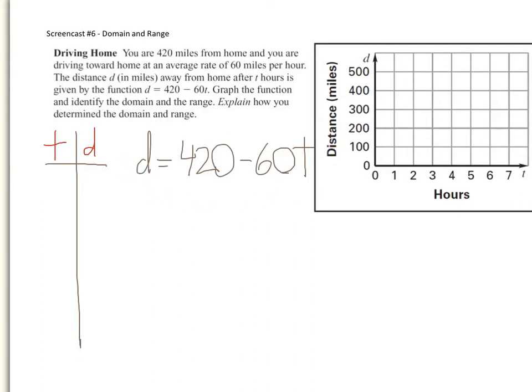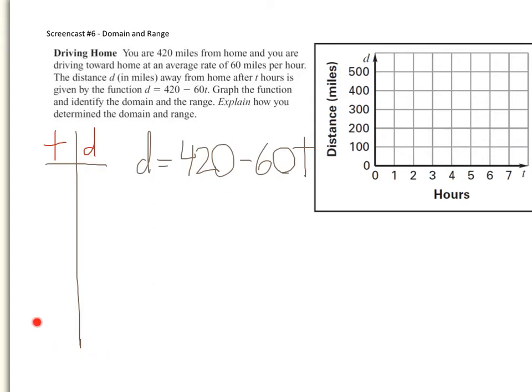Again, that represents you start 420 miles from home, and you're driving at a rate of 60 miles per hour, which means we are subtracting 60t, because for every hour that we drive, another 60 miles is removed from, or subtracted from, the 420 miles we are from home, which is why the equation is 420 minus 60t. 60t, remember, 60 miles per hour. All right, so that makes sense.